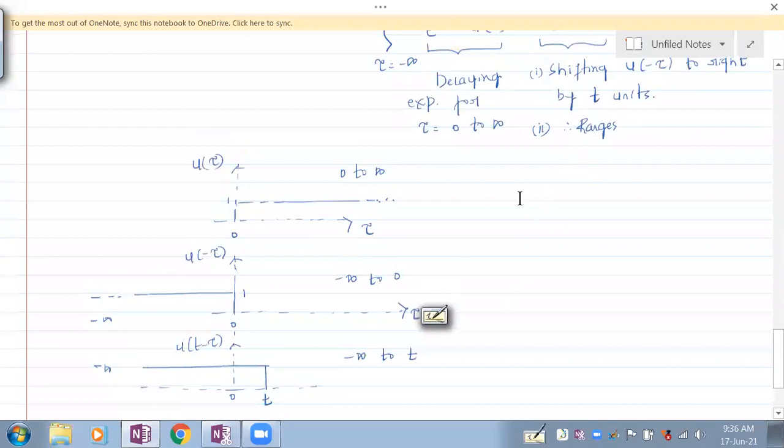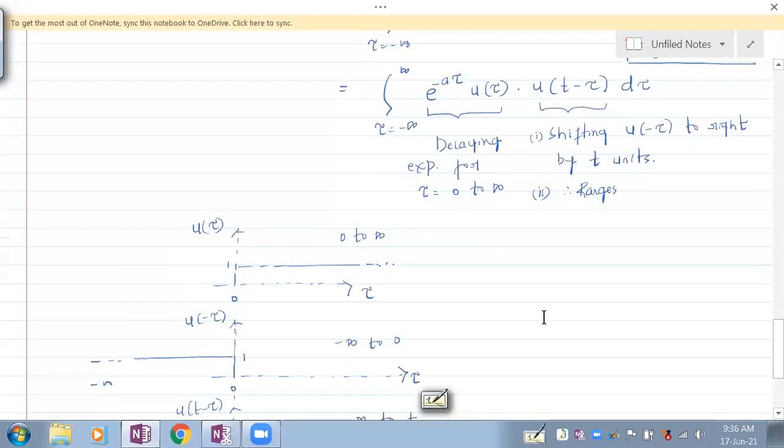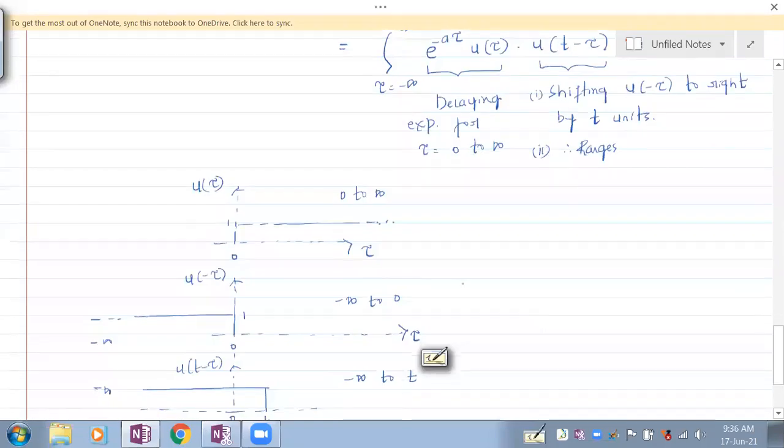Since I have shown you this, let me show you this also. So what is that? e power minus a tau is what it is. So it is a decaying exponential, as I've already told you. Any exponential for that matter, at 0, it will have amplitude 1. So it's e power minus a tau.